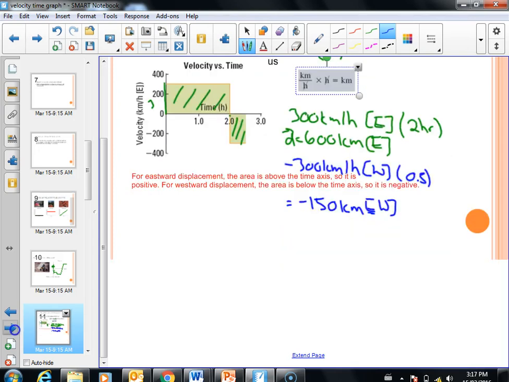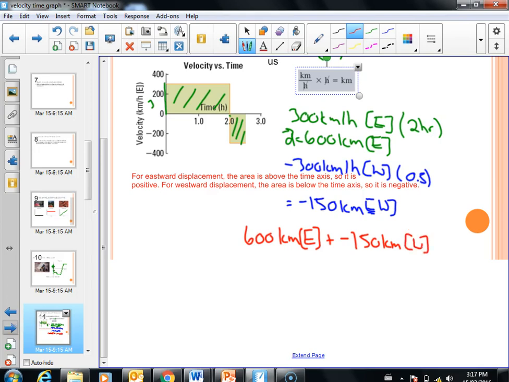Okay, good. So if I want to find the total displacement, I would use red because red is good. And I would have 600 kilometers east plus 150 kilometers west.